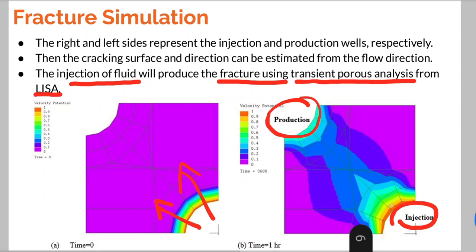As shown in this figure, the direction of flow is from right to left. Now we have to compare these results with the solid simulation from Frank 2D, to see if the cracking direction has the same behavior, if the crack propagation has the same direction from the injection toward the production.